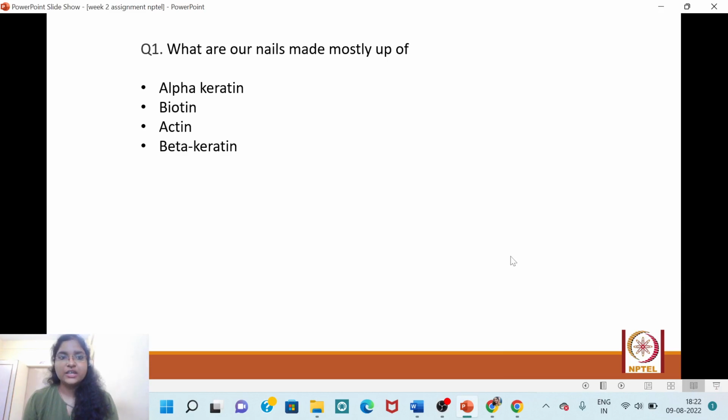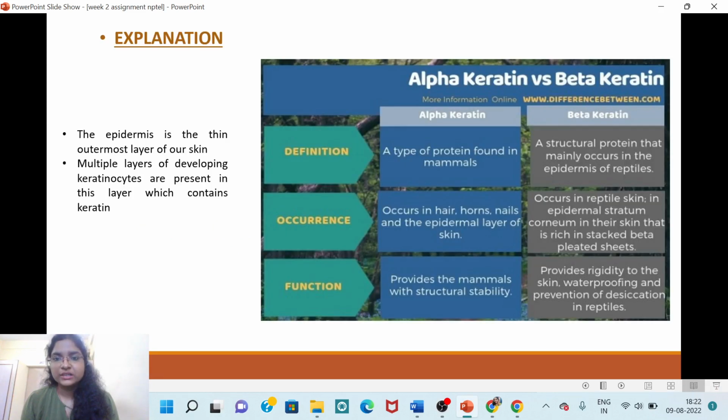So the correct answer is alpha keratin, not beta keratin. We'll see how.